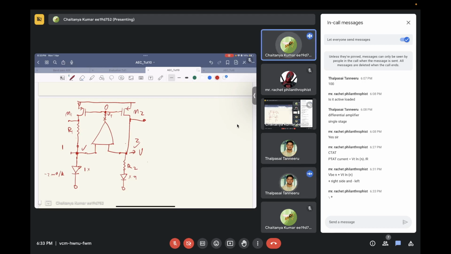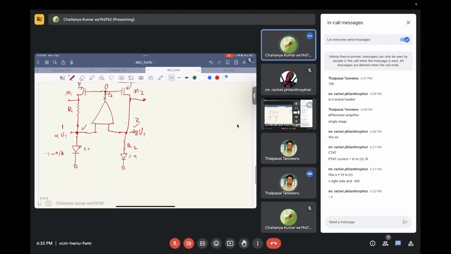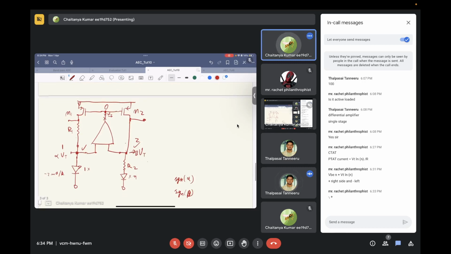No, forget about inverting and non-inverting. Just tell me, if this is VT, let's call this some alpha VT, and this some beta VT. What will be the signs of alpha and beta? That's what I'm asking. Okay, what kind of architecture is this?